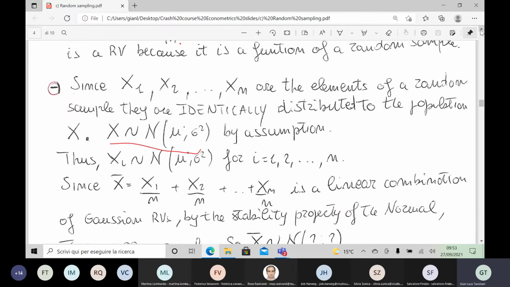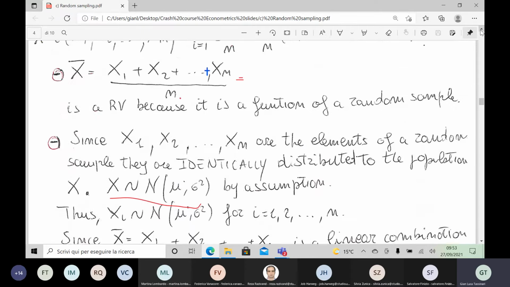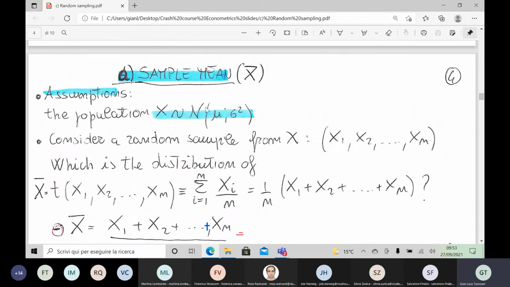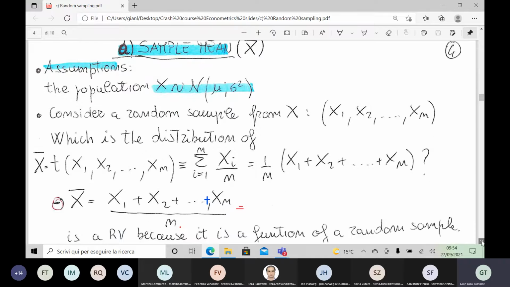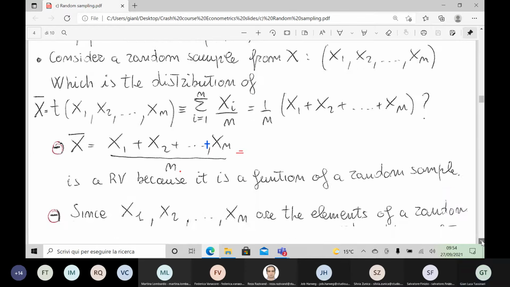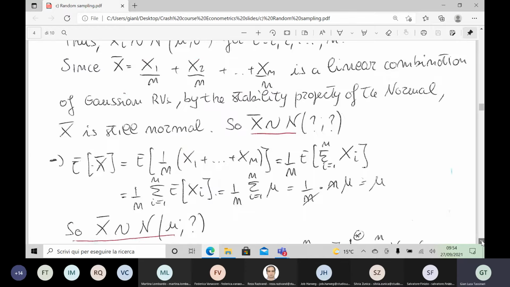We have just shown, by performing all the steps, that if the population follows a normal distribution with mean mu and variance sigma square, the random variable capital X bar, which is called sample mean, follows a normal distribution too, with the same expectation of x, mu, and variance given by the variance of x divided by the dimension of the sample.